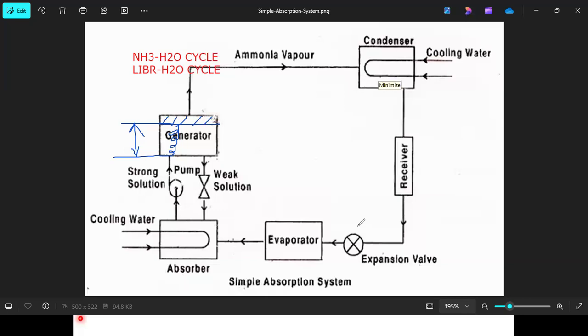In all scenarios, it's not about the volume. Once again, the expansion valve doesn't always mean a volume-based aspect. Maybe it can change, whatever. But here, the volume will increase, which will result in the reduction of pressure. That means now this high pressure should be throttled down to low pressure.